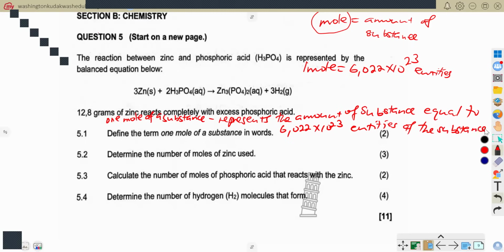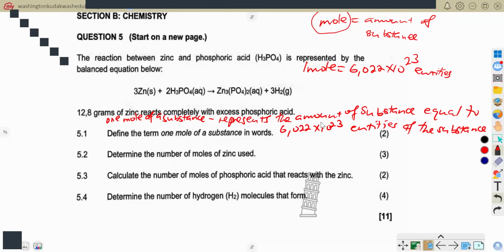We are just measuring the amount of substance that we have. If we have 1 mole, we mean that we have 6.022 times 10 to the power 23 entities of that substance.